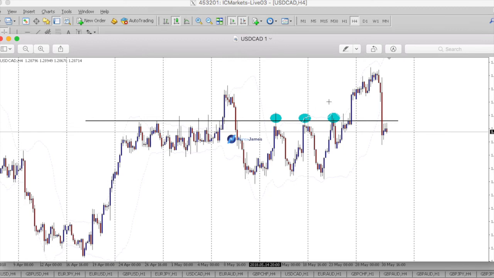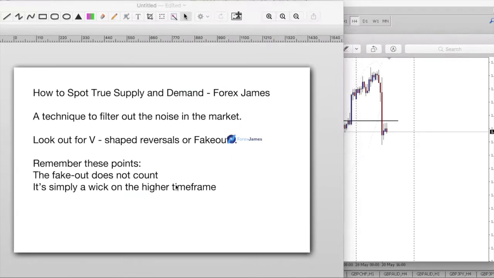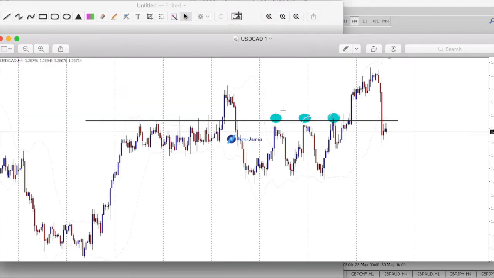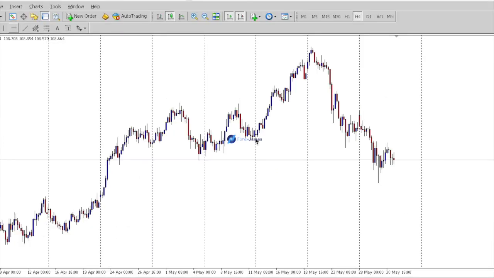It's as simple as looking out for V-shape reversals or fake outs, and going up one time frame. You'll be able to see a different perspective of how others view the market. We'll go through a few more charts and see if you're able to spot them here.